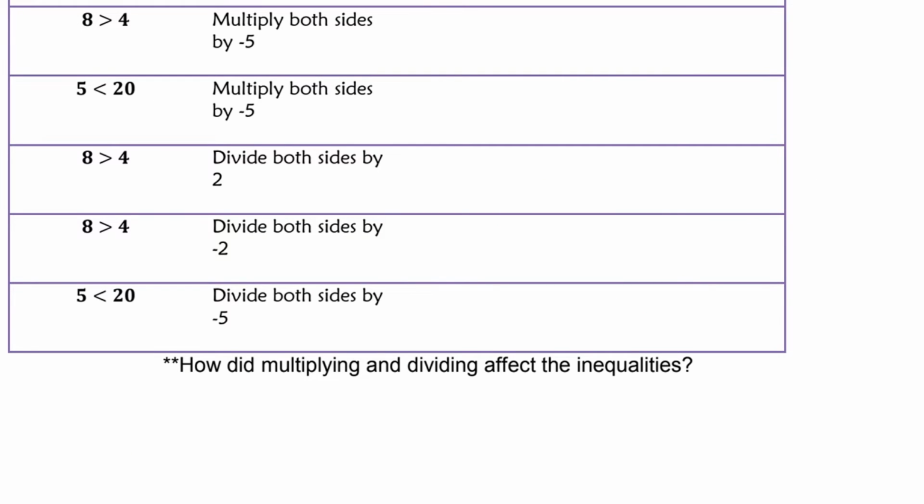If you continue this activity, you will find a pattern. 8 times negative 5 is negative 40, and 4 times negative 5 is negative 20. Even though it opens to the left side, you will know that it's not valid.